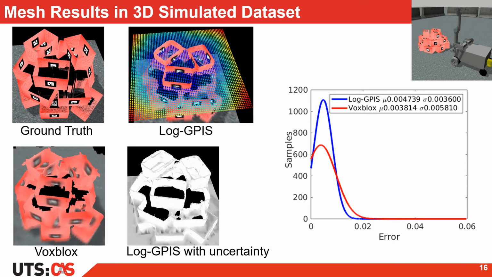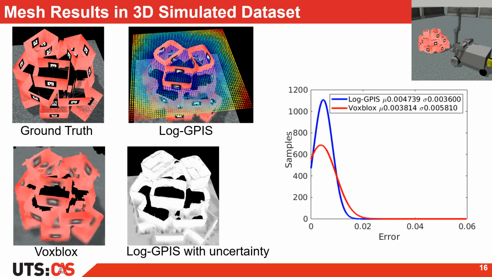Also, we evaluate the quality of the surface mesh using the same benchmarks as for the distance field. For the reconstruction, GPS SDF and log GPS will produce nearly identical results, so we only compare with VoxBlocks. VoxBlocks and log GPS produce high-quality reconstructions, but ours can also provide uncertainty information, a gray area with high variance.